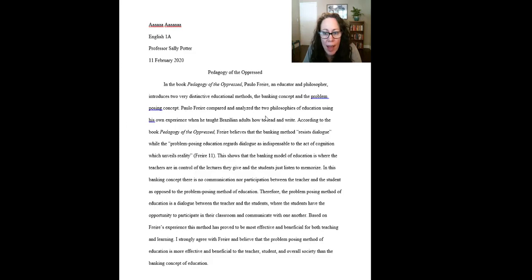Now, I would say that this is slightly wrong, and that is the way that she uses concept in both places. So just be very careful about this. This is the banking model and the problem posing concept or problem posing education. Okay, so I don't believe that Paulo Freire ever uses the banking concept. So just be a little bit careful about that. That would be kind of like a minor thing.